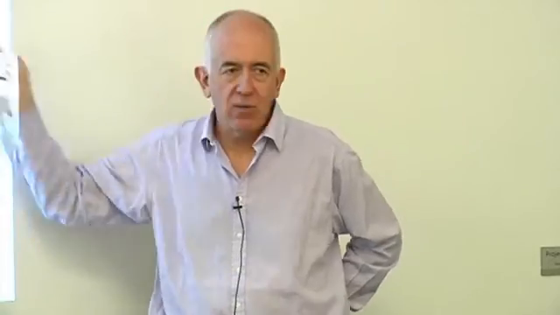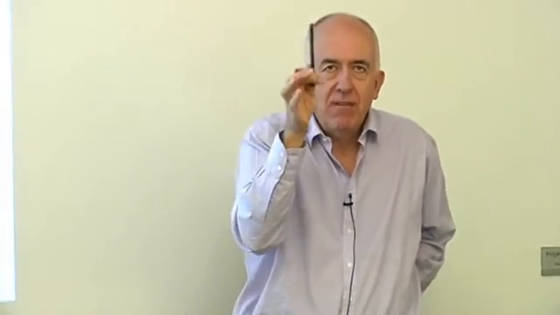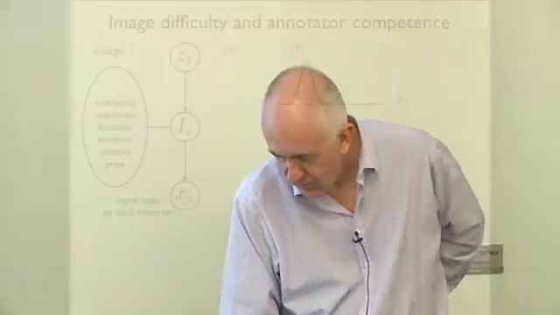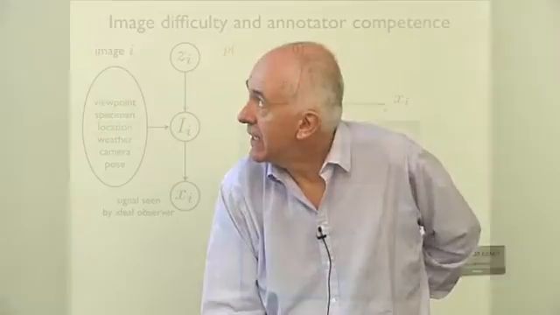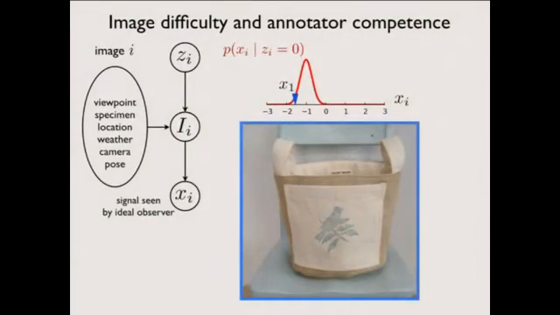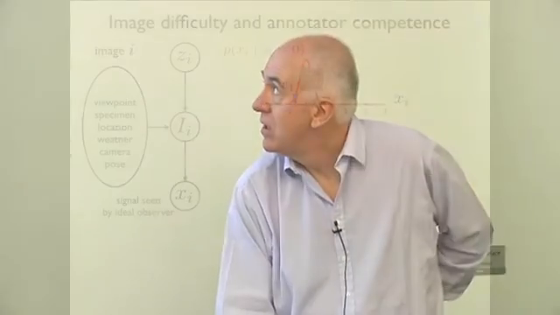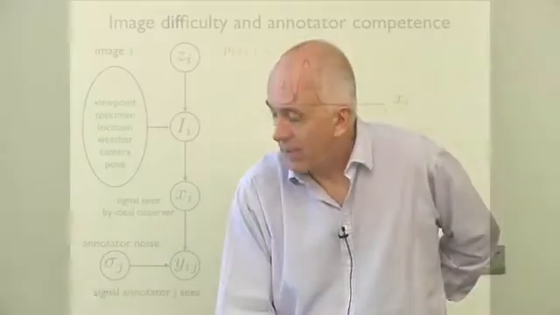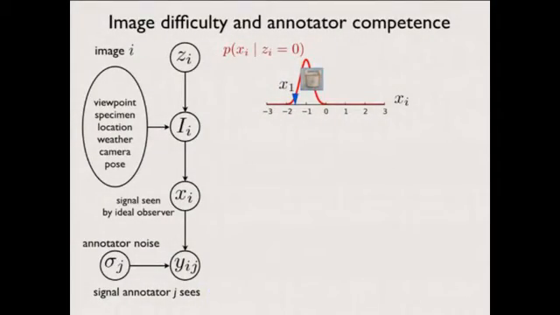And so it's clear what the annotator would do. They would find a threshold and decide based on that. So if you had a picture like this, it would have a very low value of X_i. It would be an unequivocal no.